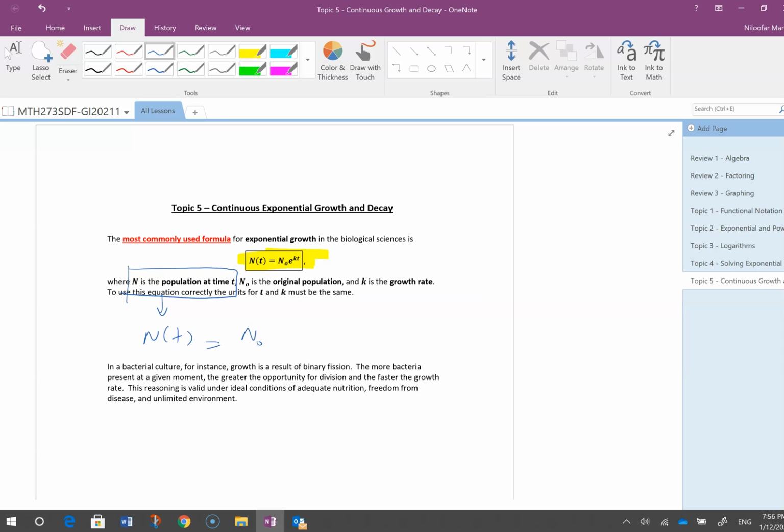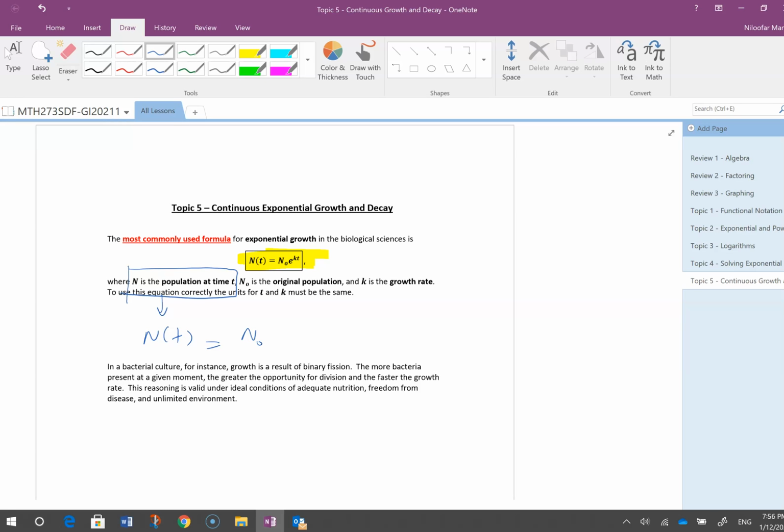For example, if k is several percent per hour, then t must be in hours. If t is in minutes, you have to do a conversion. Make sure to do the conversion.